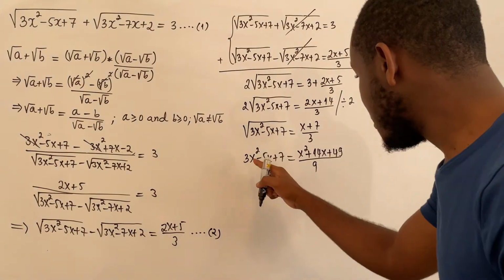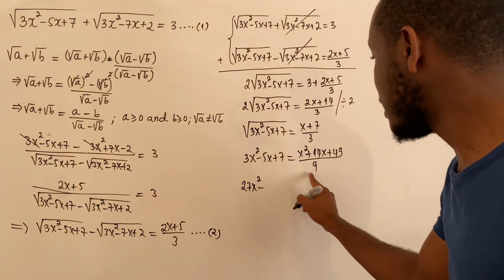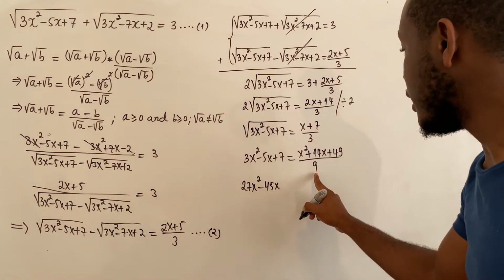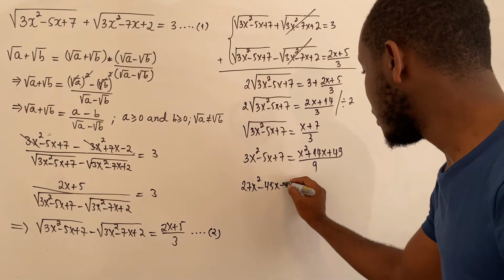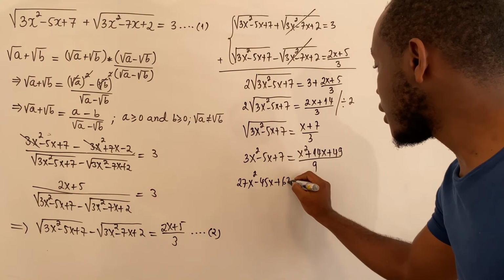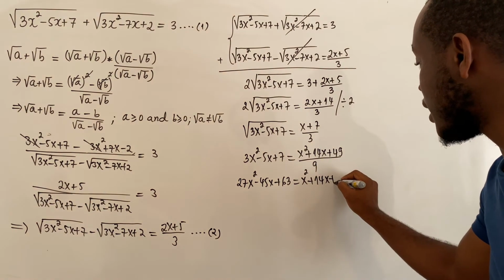All right, 9 times 3 will be 27x squared minus 9 times 5, it's going to be 45x, and 9 times 7 is plus 63, equal to x squared plus 14x plus 49.